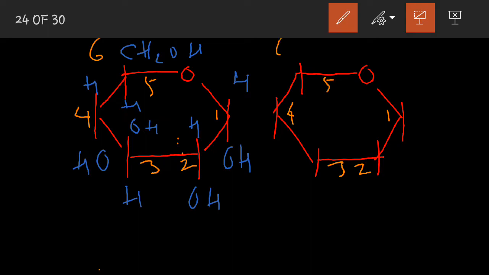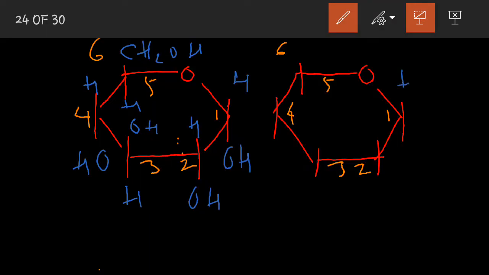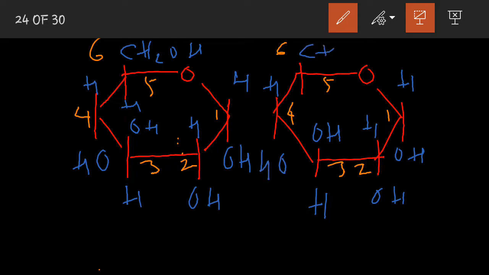Here is a fifth and sixth will be here. Now, positions. Carbon number 1, alpha D plus glucose. H, OH, H, OH, OH, H, H, OH, and here CH2OH, H, isn't it?